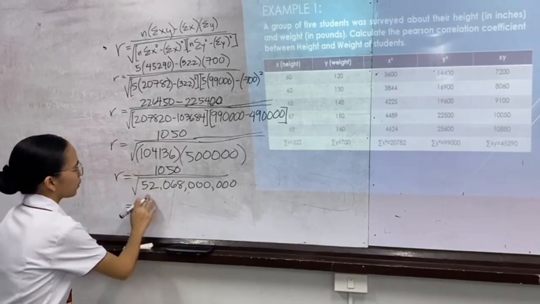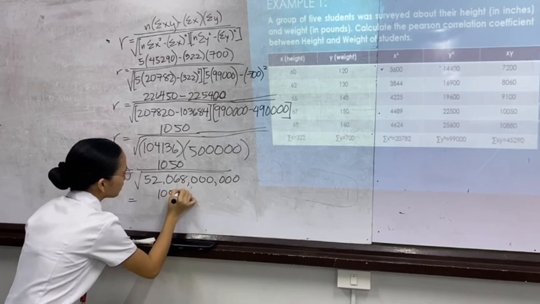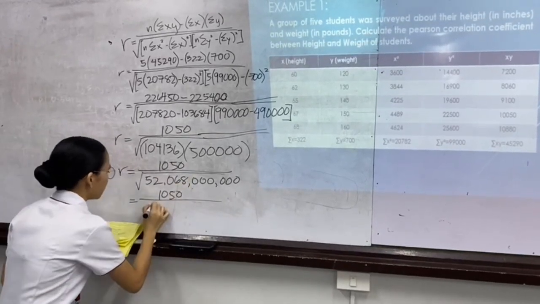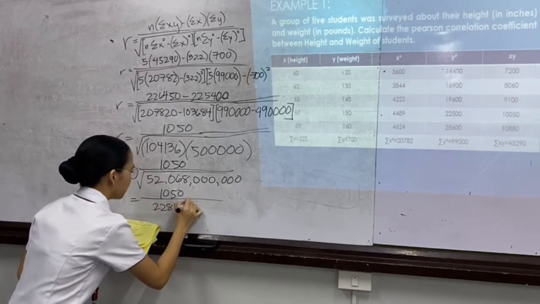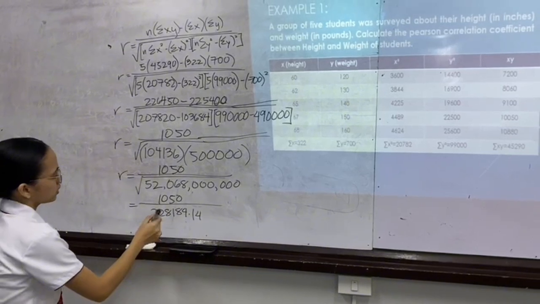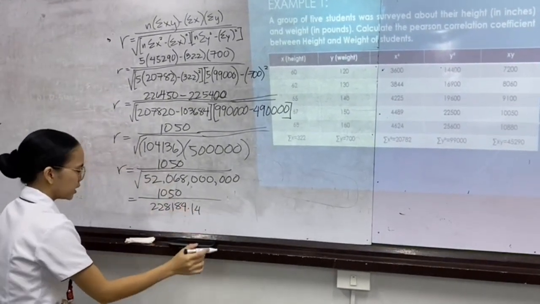But first, take the square root of the denominator. Copy the numerator, and the square root of the denominator is 228,184.48.